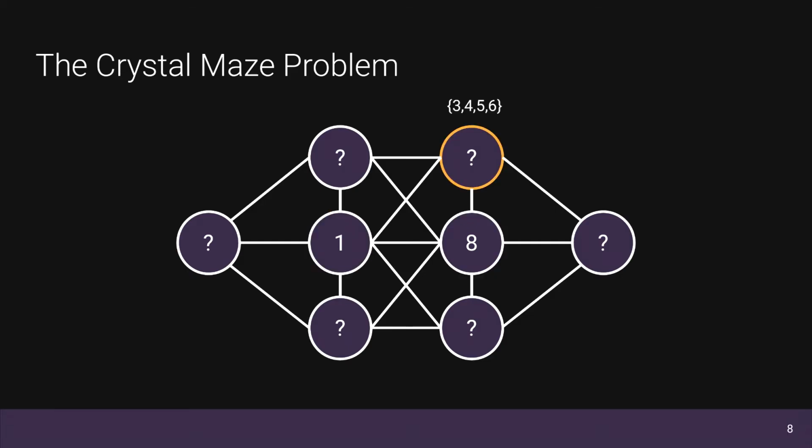If we look at any of these remaining nodes, we can consider the domain of that node. So we can consider the values that are left that could go in there. In this case, it's all the values except 1 and 8, except that this is next to the 8 and is in fact connected to the 1, which means that it can't be either of the values which are adjacent to 1 or 8.